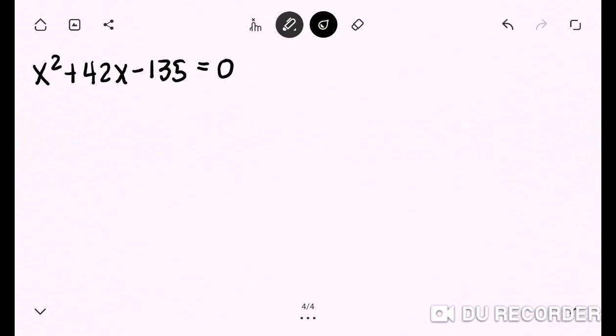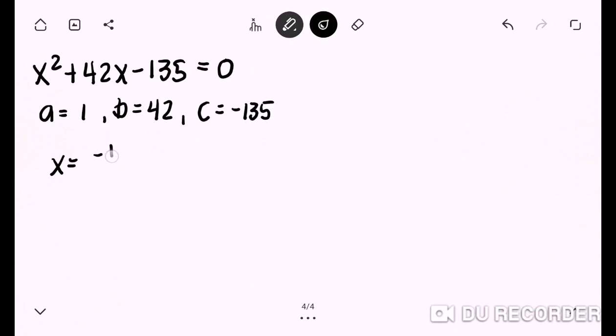So let's try to use the quadratic formula. But before that, let us identify first the value of a. So we have 1. For b, we have 42. For c, we have negative 135. And then we can now substitute this to the quadratic formula. So we have, again, negative b plus minus square root of b squared minus 4ac all over 2a.